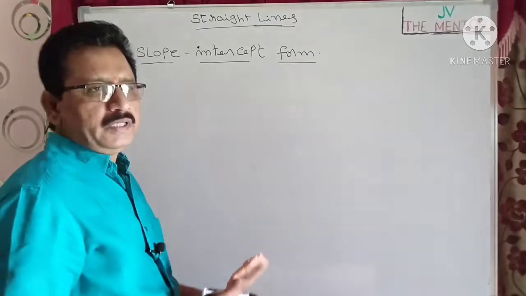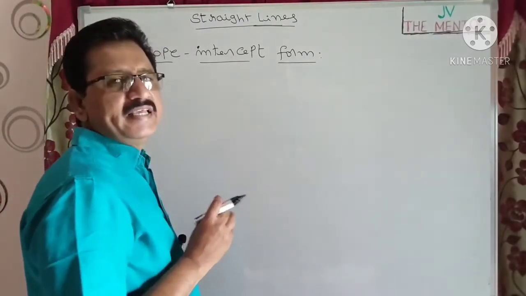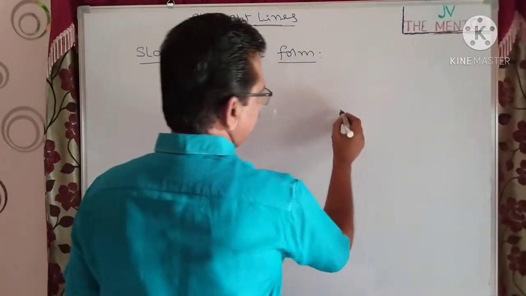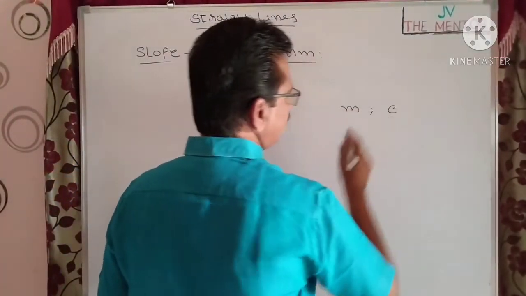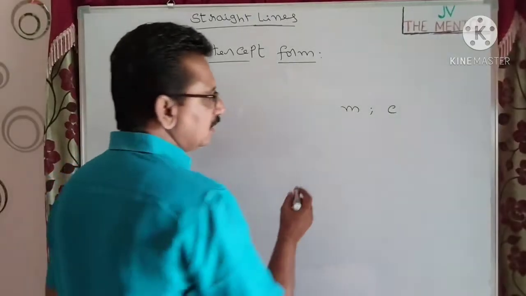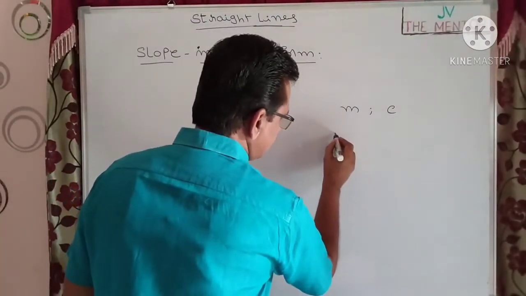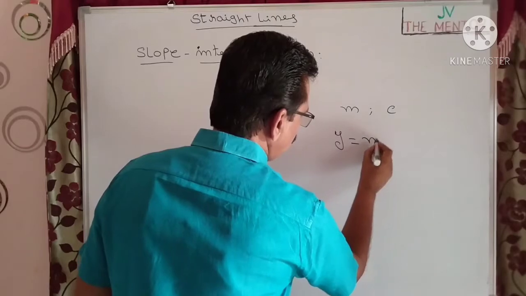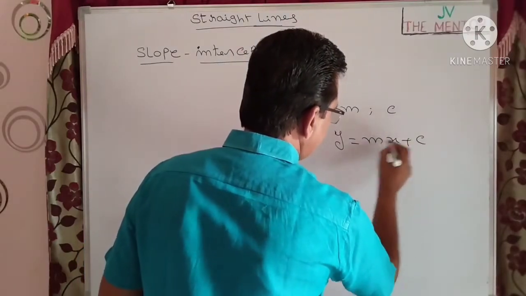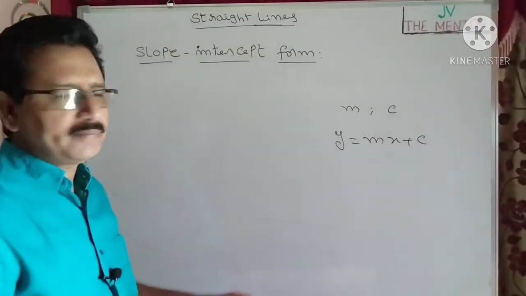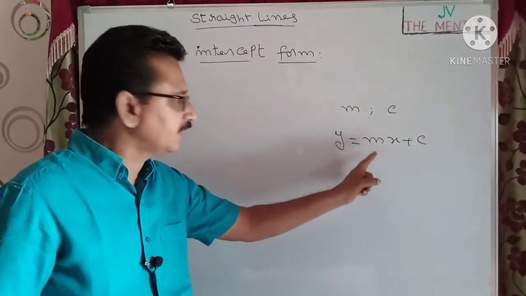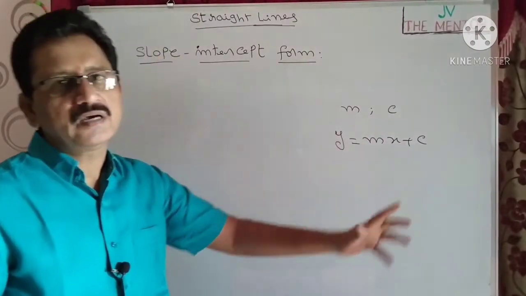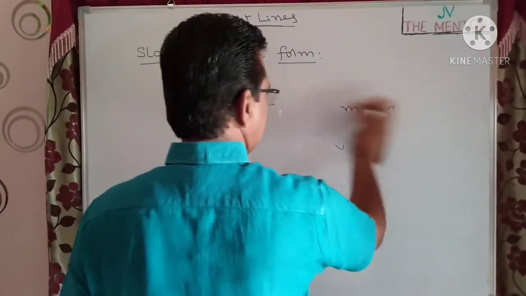If m is the slope and c is the y-intercept of a straight line, then the equation of the straight line is y equal to mx plus c. This is the slope intercept form of a straight line. m is the slope, c is the y-intercept. Write down.